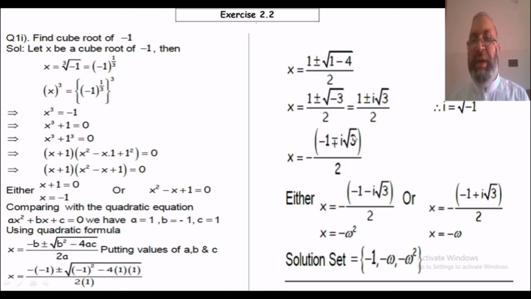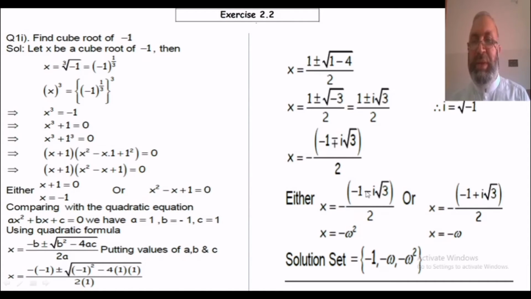Minus plus iota under root 3 divided by 2. Now we get two values: x is equal to minus, taking total common, minus 1 minus iota under root 3, and the second root, minus 1 plus iota under root 3, whole divided by 2.